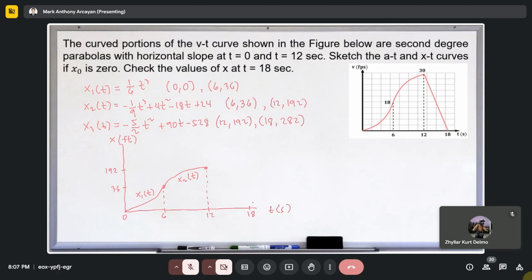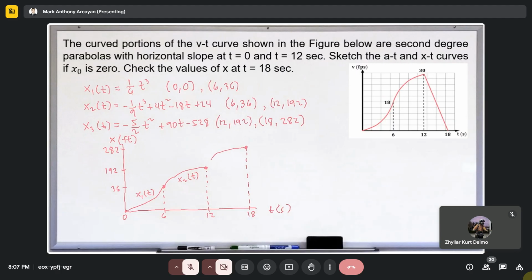For x₃, we will plot the displacement when t is equal to 18. When t is equal to 18, the value of the displacement is 282. As you can observe, this is a quadratic function that opens downward because the sign of the leading term is negative.